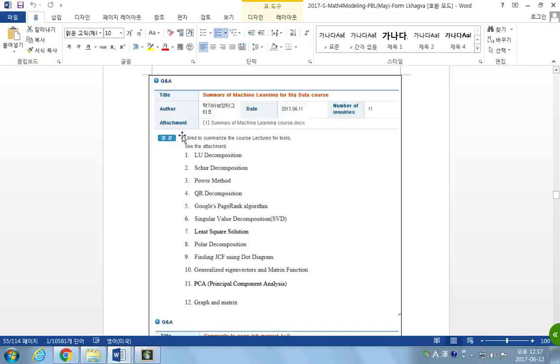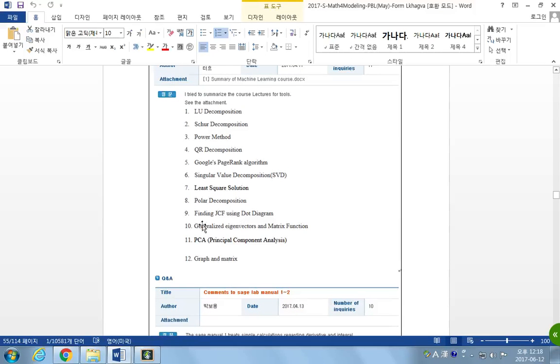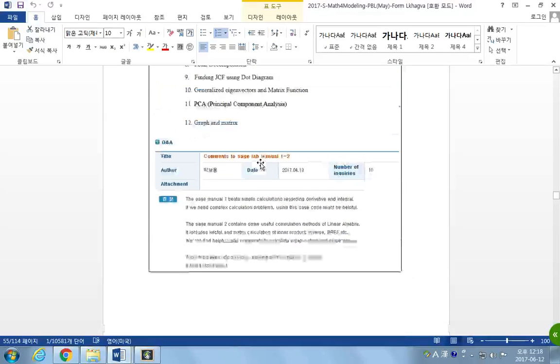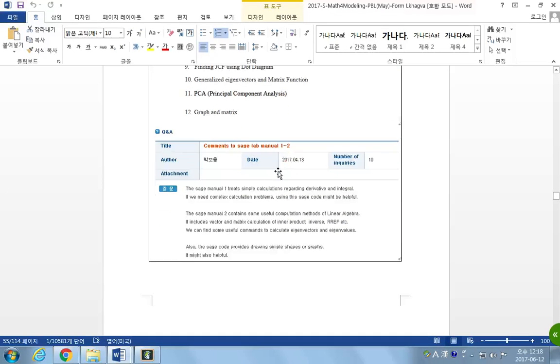And I also uploaded a summary of machine learning courses as an attachment file, and this is LU decomposition, and graph and matrix.